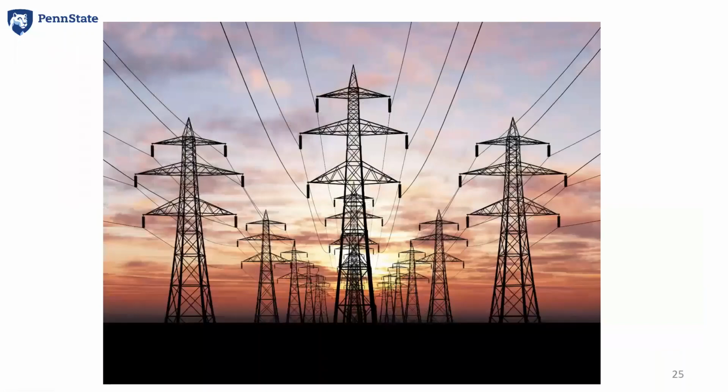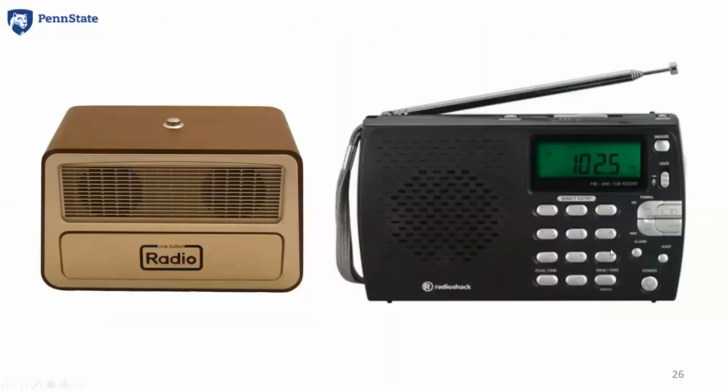Now let's look at the second one. What is this one? This is electricity lines, power lines. This is the electric power grid. This one brings lights and helps the industry with energy. Now let's look at the next one. Can you recognize this one?